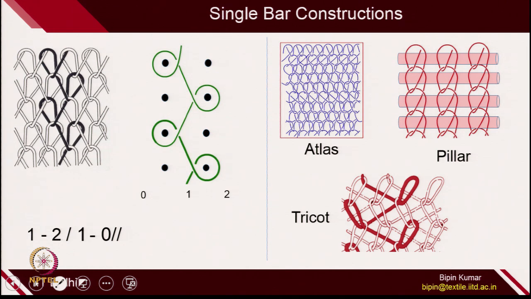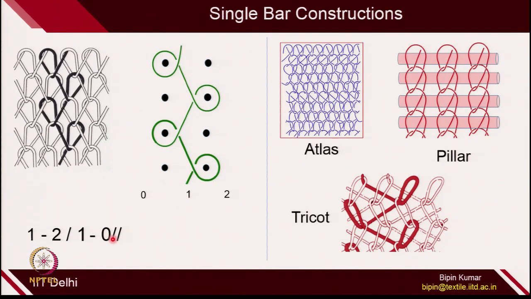So, let us go for single bar construction. In single bar constructions there were different constructions like atlas, pillar, and tricot, and for making a single bar construction we just need to worry about only one guide bar. Let us first start with this particular single bar structure, which is 1 cross 1 tricot with lapping plan of 1:2, then 2:1 and then 1:0.